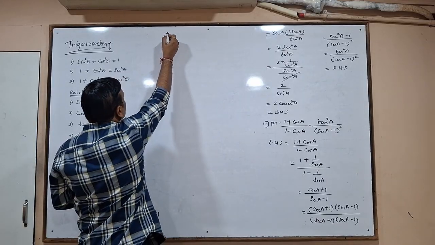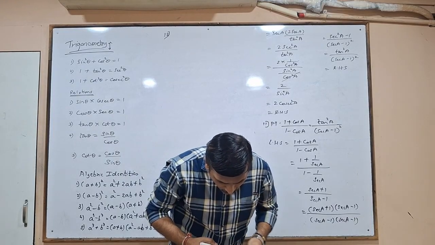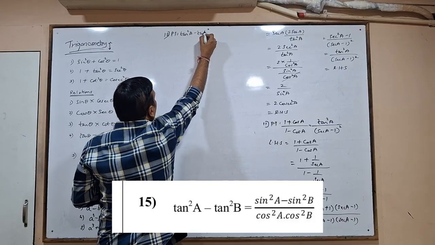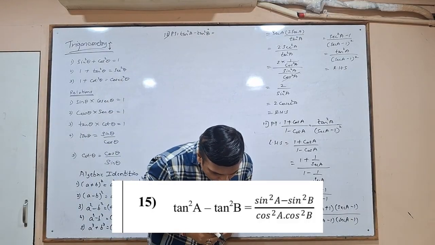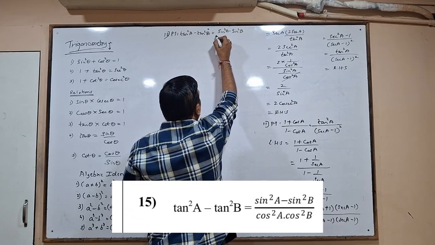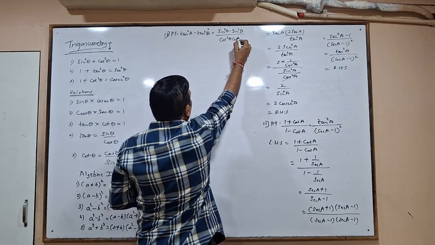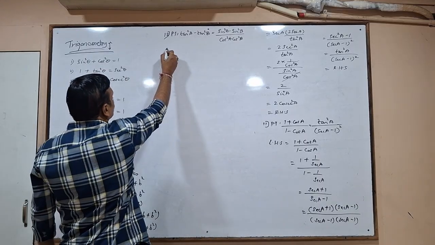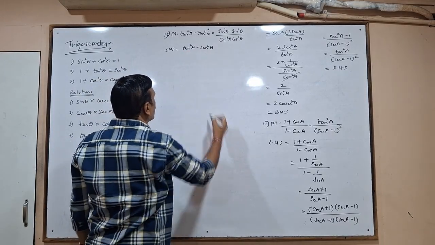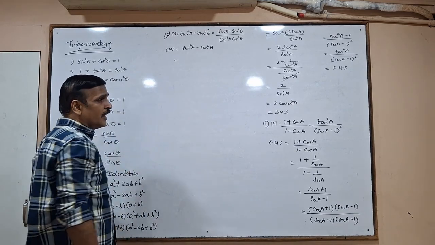The 12th one. Prove that tan square A minus tan square B is equal to sin square A minus sin square B upon cos square A cos square B. Because LHS is in terms of tan and RHS is in terms of sin and cos, obviously I'll convert tan to sin and cos.